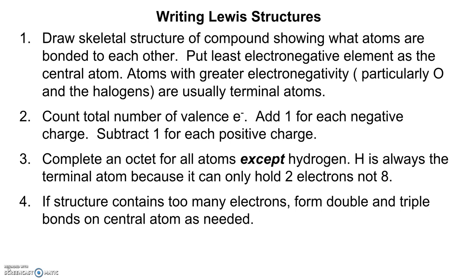Now look at number 4. If the structure contains too many electrons, when in doubt, double it or triple it. Now our next video will go into great detail as to how to draw our Lewis structures. So stay tuned and we're going to practice drawing our Lewis structures for part 2 of our chemical bonding.